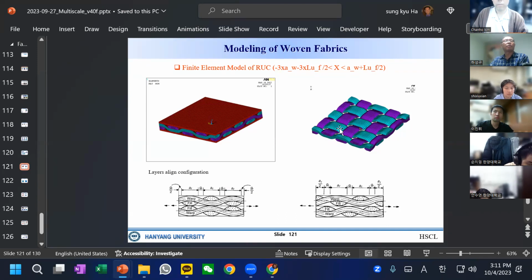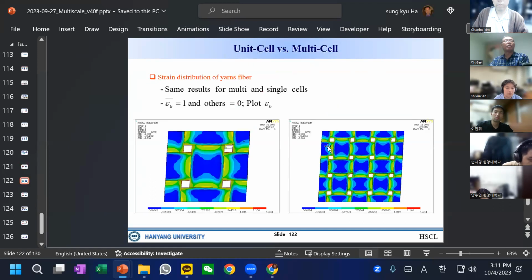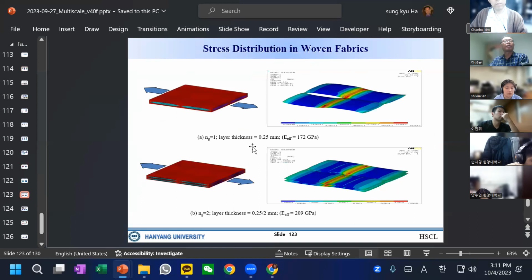It's a simple plain weave, and let's say there can be some resin-rich area, and then this can be subjected to a certain shear load or extension or biaxial load. This is very important in real structures of composites.